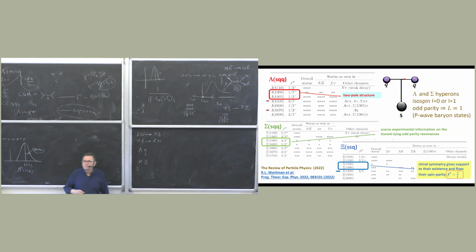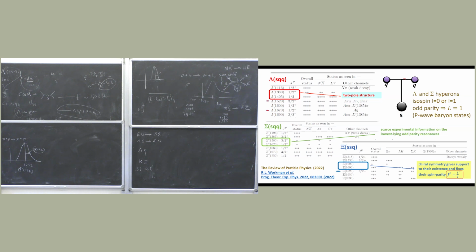But cascade, what does it mean, cascade? Two strange. So I have an anti-strange, a light quark, and then two strange and another light. So what is the quantum number content? Strangeness minus 1, perfect. Strangeness minus 1 means one strange quark.